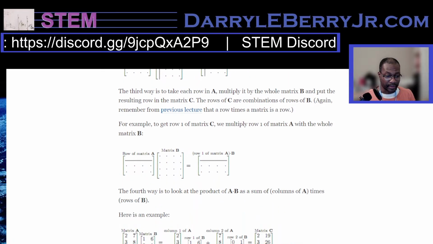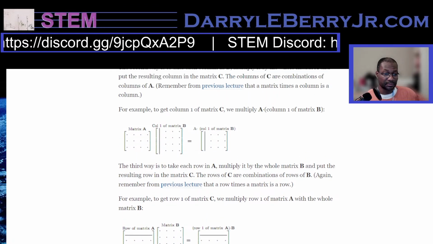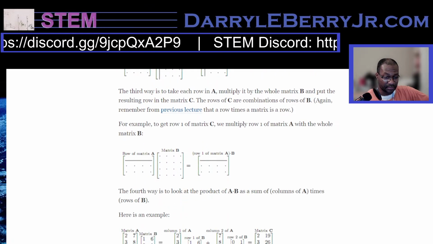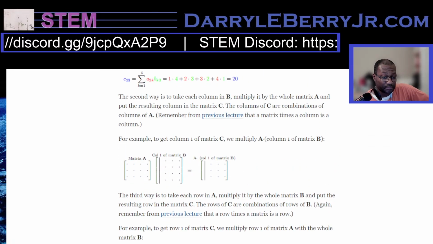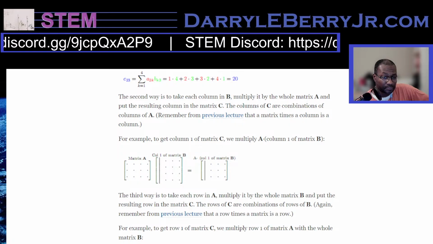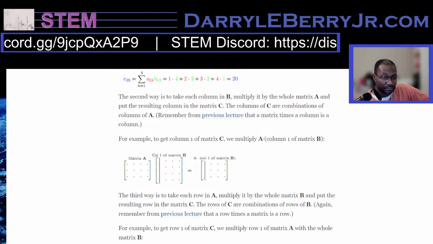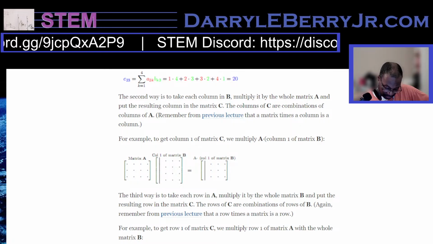Yeah, so this way is saying each column of B times the whole matrix. So the whole column.